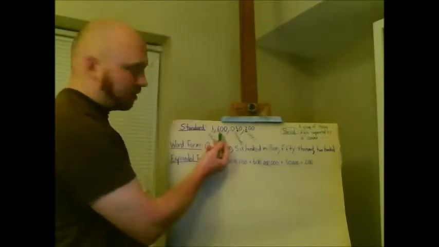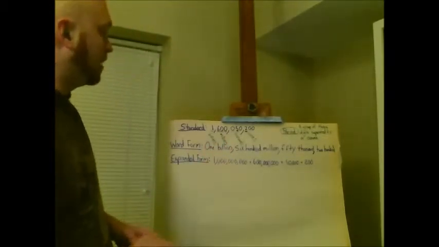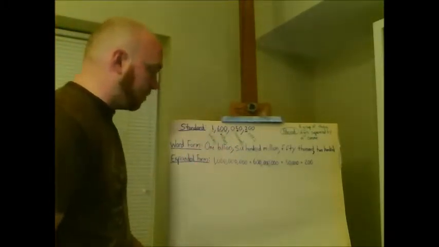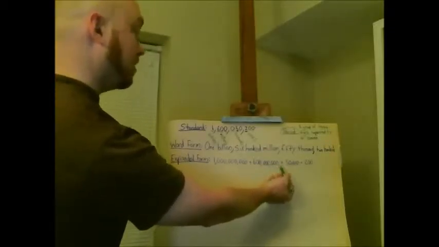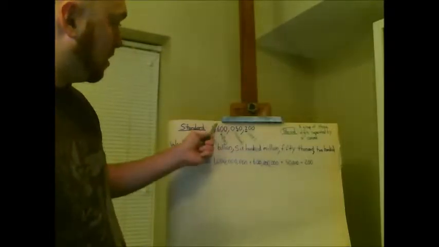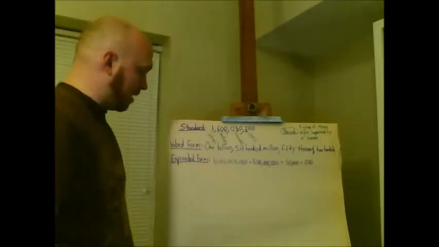The next would be 6, which is in the 100 million place value. So that's 600 million. And finally the billion. Add on the billion. So you have 1 billion plus 600 million plus 50,000 plus 200. And that's how this number is looked at in standard form, word form, and expanded form.